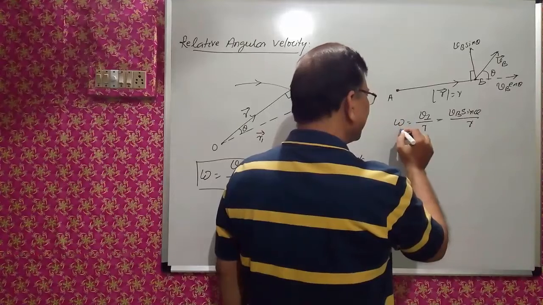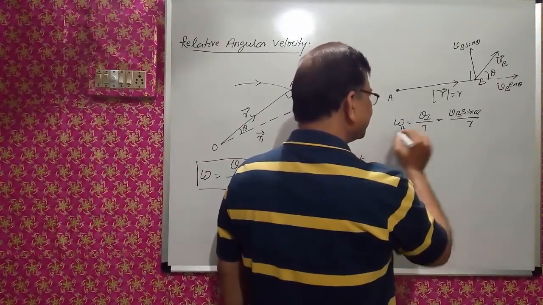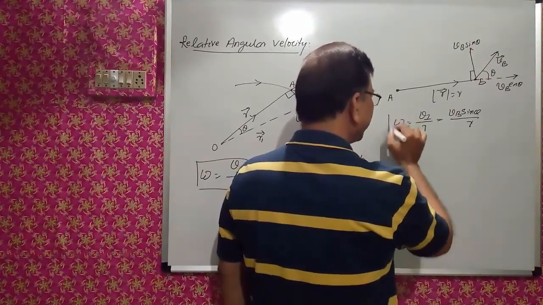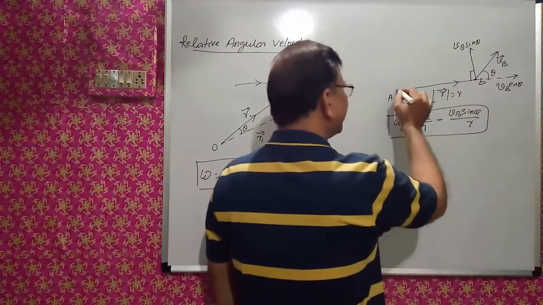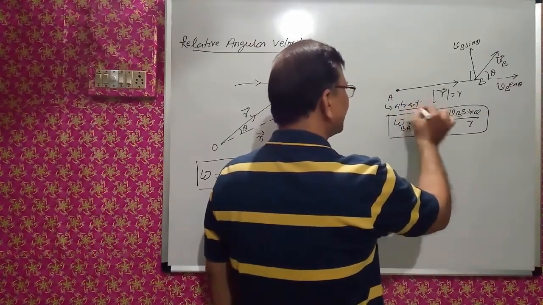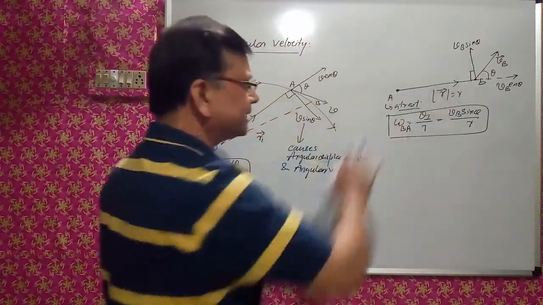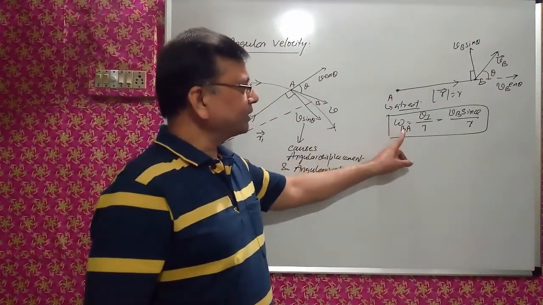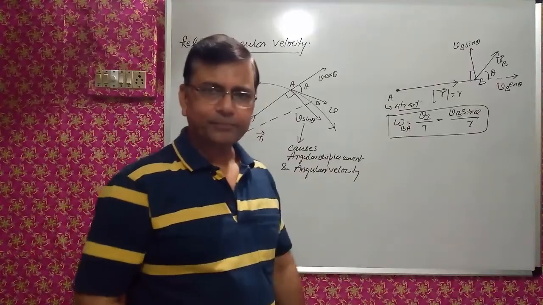And what is this? Angular velocity of B with respect to A. Now A is at rest. When it is at rest, then this is the angular velocity of B with respect to A.